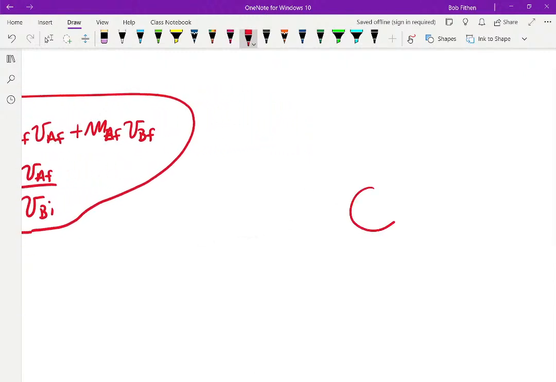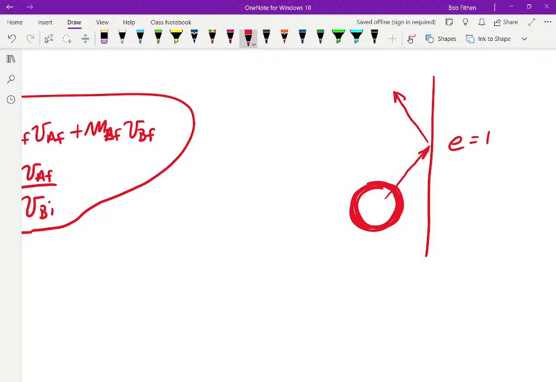A ball comes along and it hits a very soft surface. Technically, if it's a pool ball, you could look at this in slow motion with a camera if you wanted to. If it hit at an angle and its E is equal to 1, you get one interesting response, and that is it comes off at the same angle. And we'll work a problem like this.